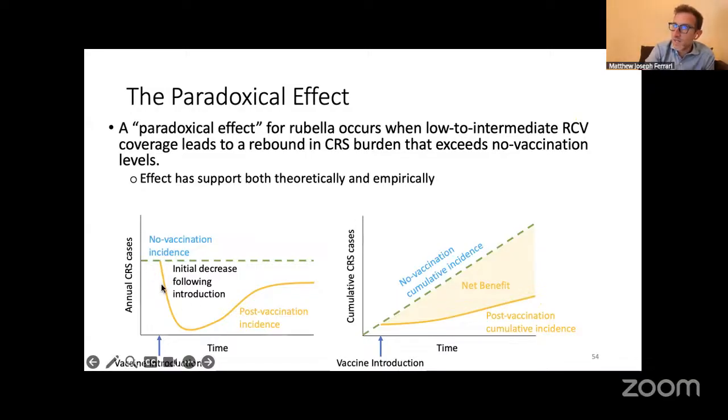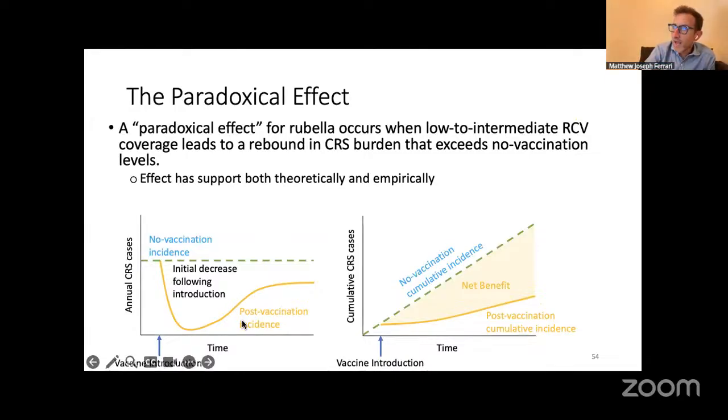But it's the incidence of CRS that goes down and then comes back up, because what happens is as you go from here to here, the mean age of infection increases, right? And so here, you're shortly after the no vaccination setting, and so most of the population that is susceptible to rubella is young, and therefore not manifesting as pregnancies and not manifesting as CRS.